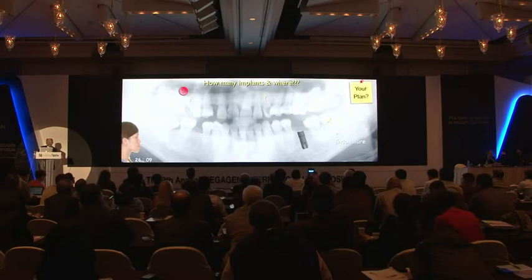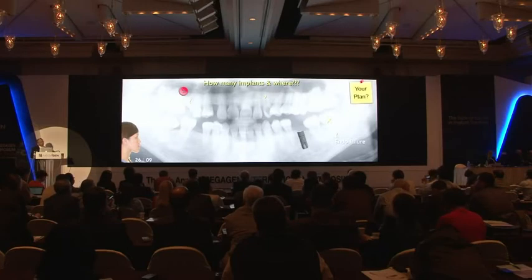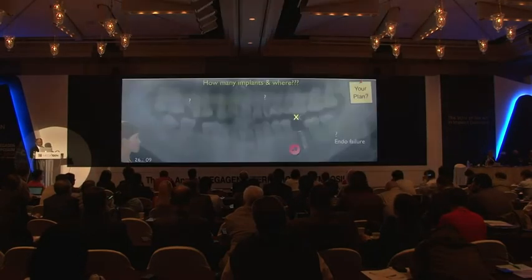So we needed to take out the left third molar. So the plan is to replace the first molar with a dental implant and close all the space except this first molar.